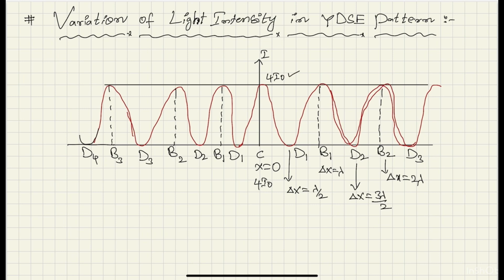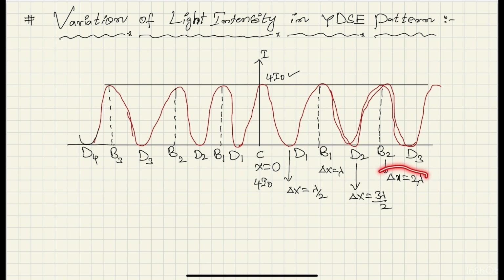Next, on both sides, immediately after the central maximum, a dark fringe is formed. Next one is bright, next one is a dark fringe. Path difference for bright means n lambda, so 1 lambda.